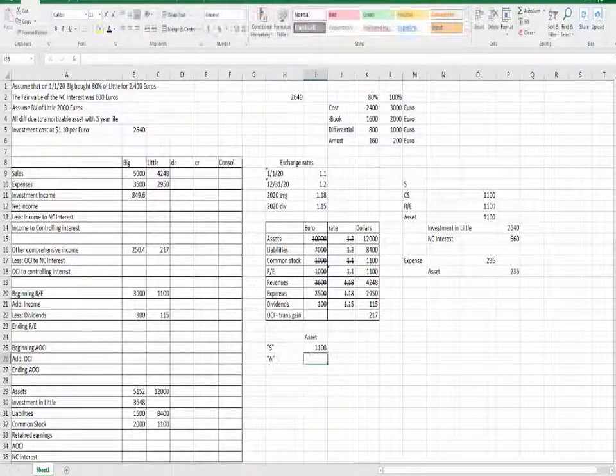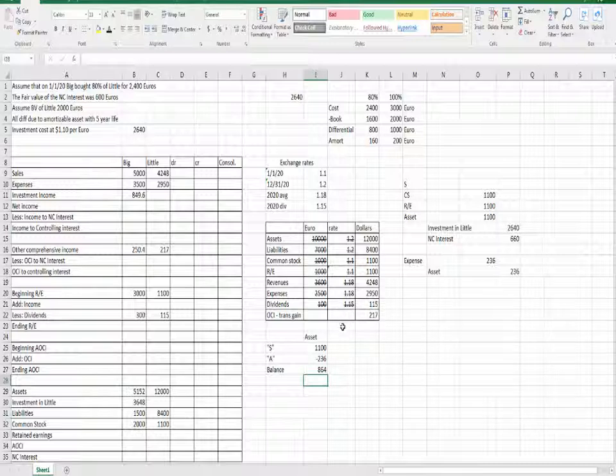In the A entry, we amortized 236 of that. And so after doing that, the balance in that asset per those two entries is going to be 864.